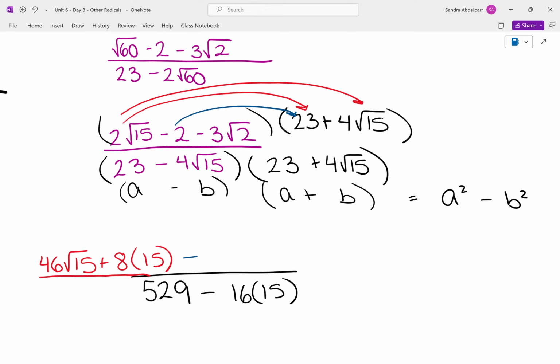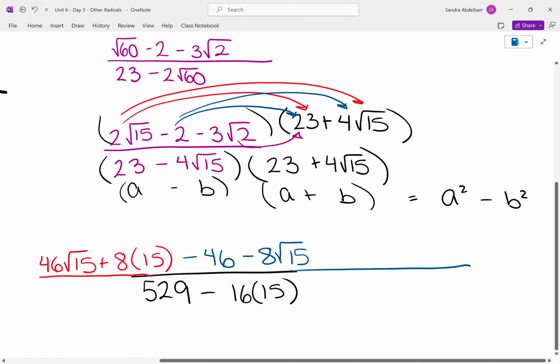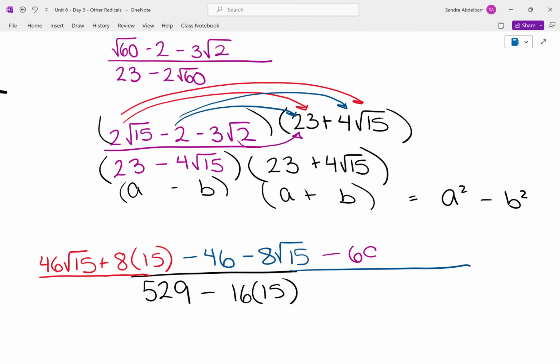Negative 2 times 23 is a negative 46. Negative 2 times 4 root 15 is a negative 8 root 15. One more. Negative 3 root 2 times 23 is a negative 69 root 2. Negative 3 root 2 times 4 root 15 is a negative 12 root 30.